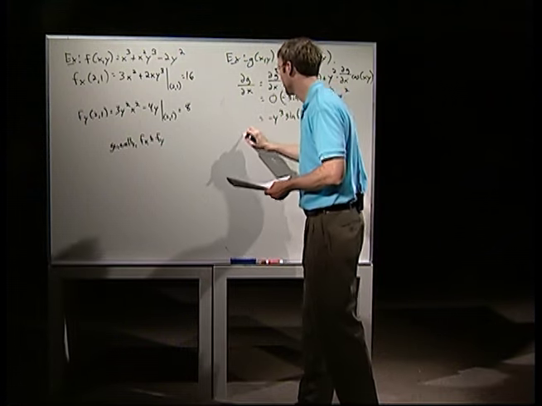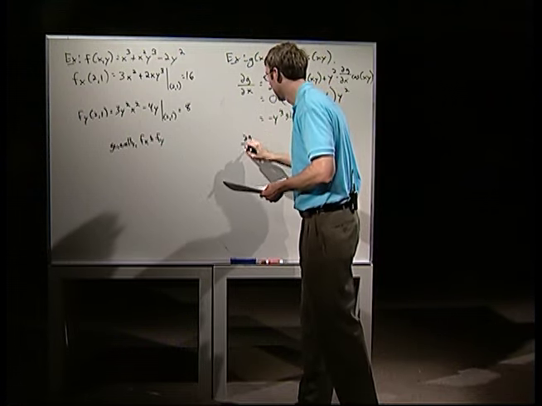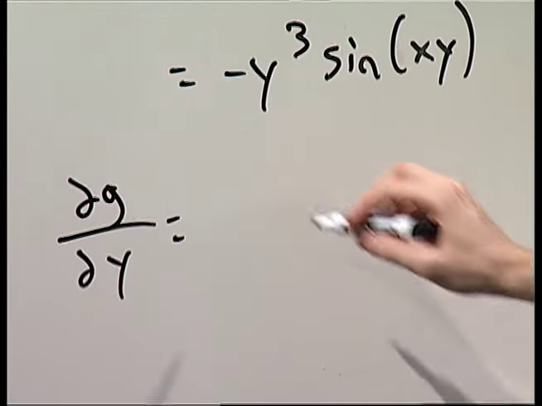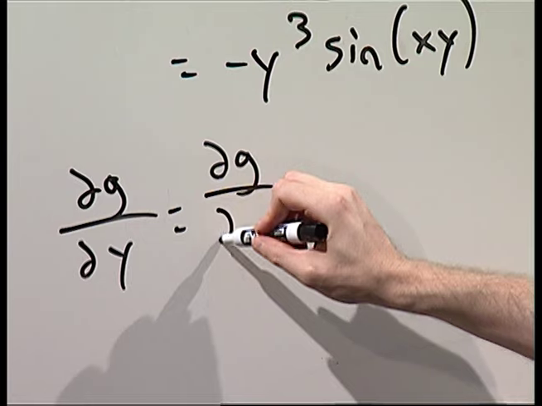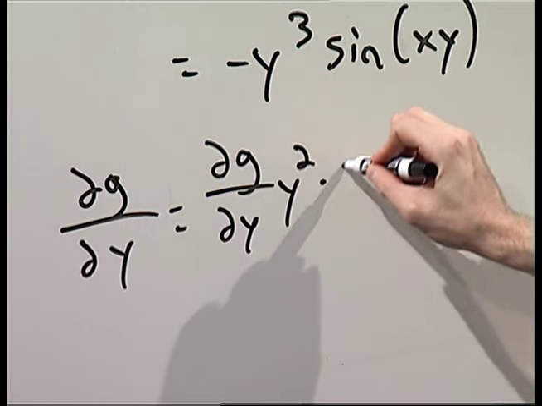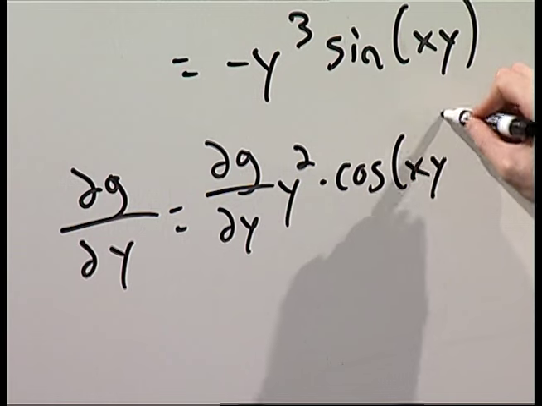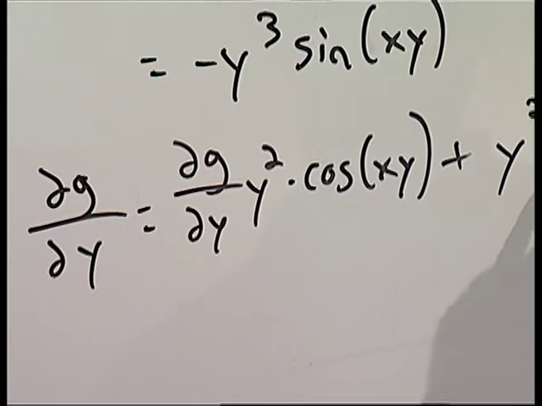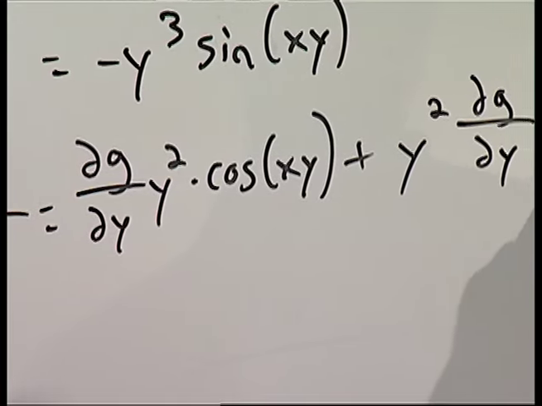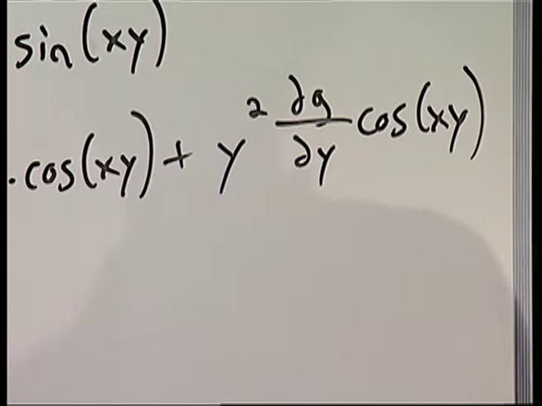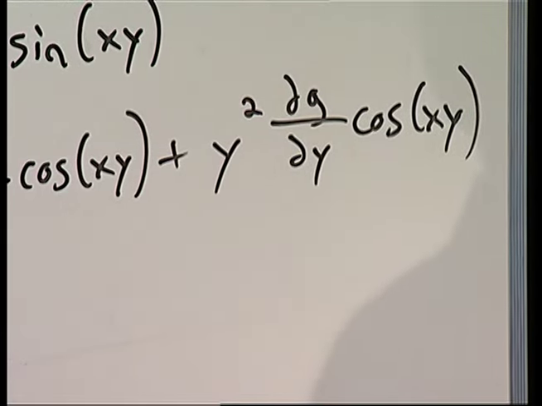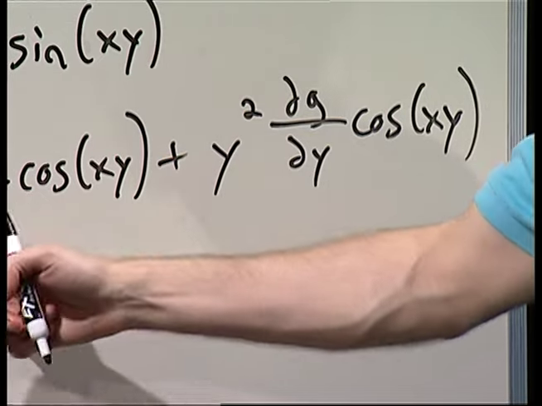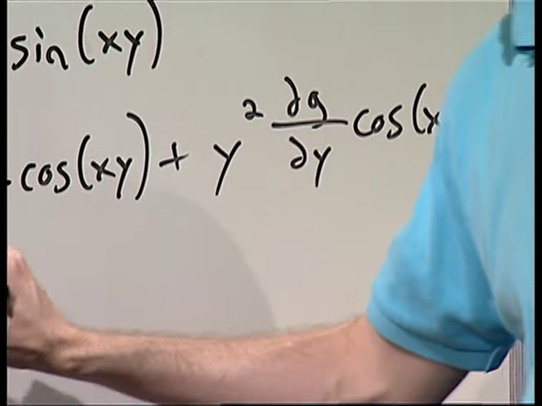How about partial g, partial y? Right? Same setup for product rule. Same setup as above, only now we're doing partial g, partial y. The first part is easy.